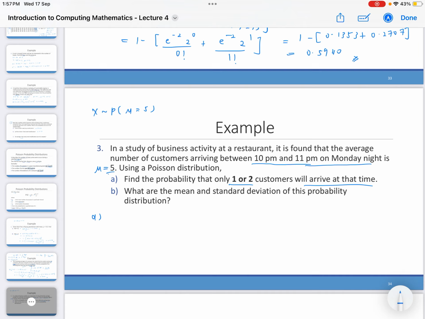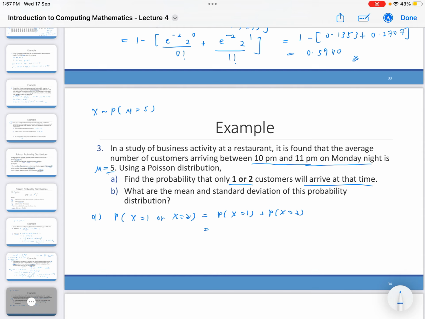Now we want to find the probability of X equals 1 or 2. So X equals 1 or X equals 2. Remember, these are mutually exclusive events, so we just add these two probabilities: the probability of X equals 1 plus the probability of X equals 2.